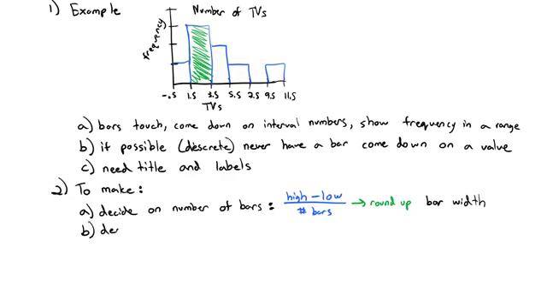Next, we need to decide on the starting value. What I usually recommend we do to decide on the starting value is do 0.5 before the lowest number. In my TVs example, 0 is the lowest number of TVs, so I went 0.5 before that, so I'm staggered, and the bars won't come down on that.